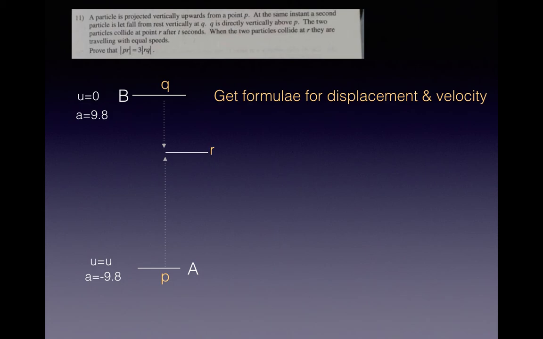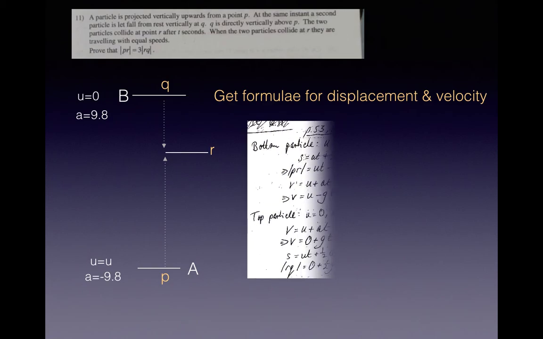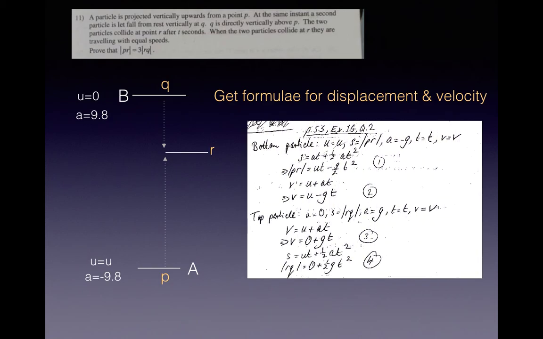So that would mean that I need to get formula for their velocities as well. Because the velocity of particle A at the position R will be equal to the velocity of particle B at the position R. And there we go. So we have our formula and they're labelled 1, 2, 3 and 4.